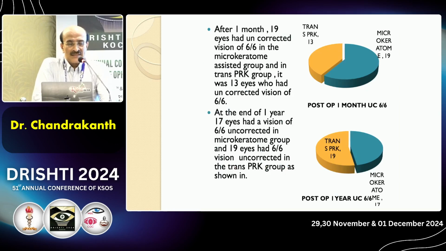After 1 month, 19 eyes had uncorrected vision of 6/6 in the microkeratome group, and 13 eyes in the trans-PRK group. At the end of 1 year, 17 eyes had 6/6 uncorrected in the microkeratome group, and 19 eyes had 6/6 in the trans-PRK group.